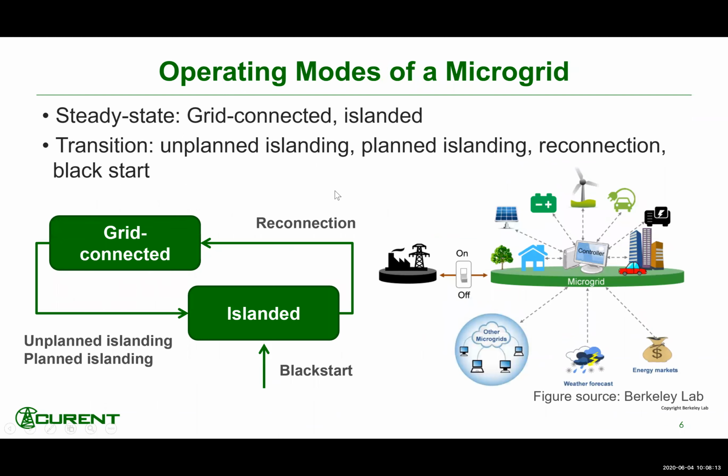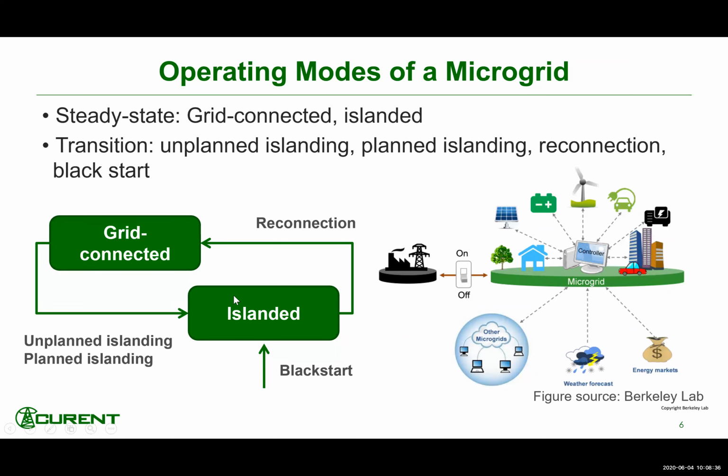Regarding the operation modes of the microgrid, for the steady state, if it is connected to the grid, it's called grid connected mode. If it is disconnected from the main grid, we call this islanded mode, an autonomous islanded mode. Between the two steady state modes, we have different transitions.